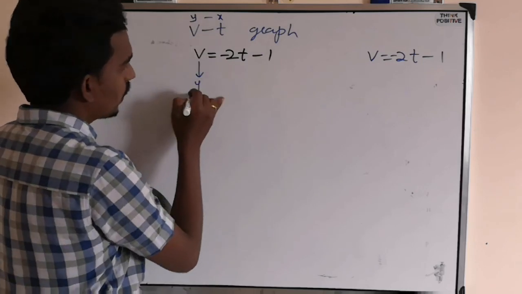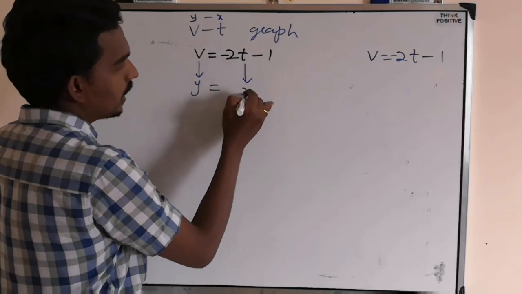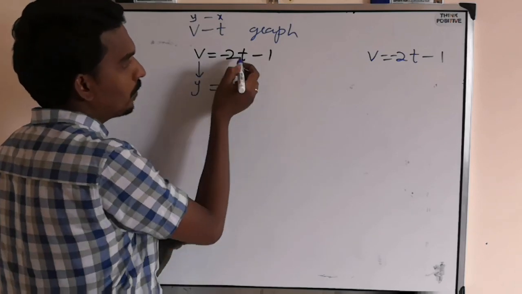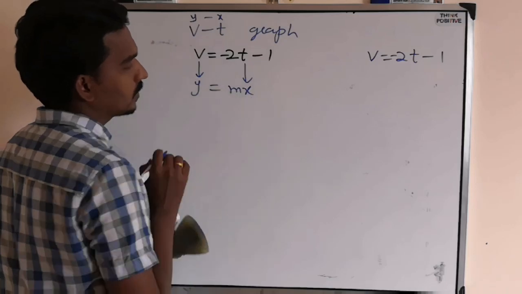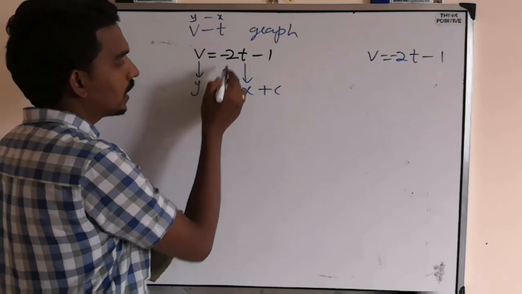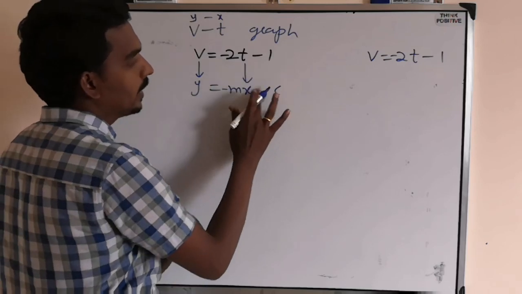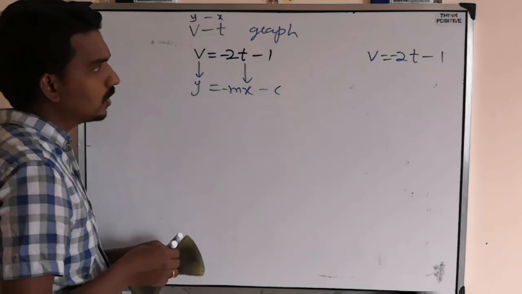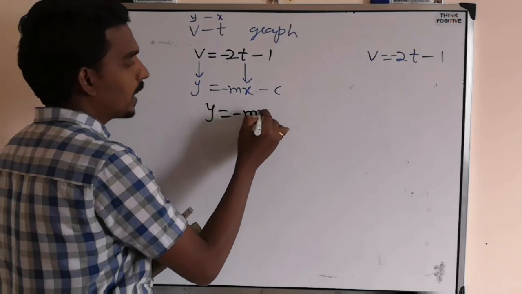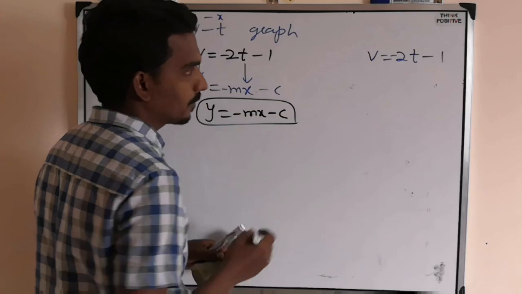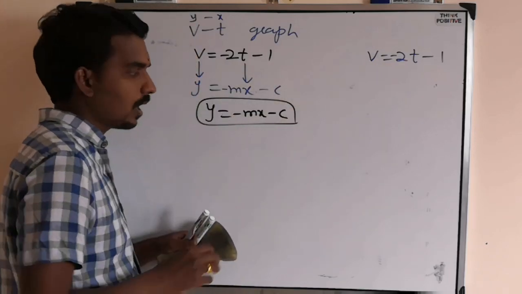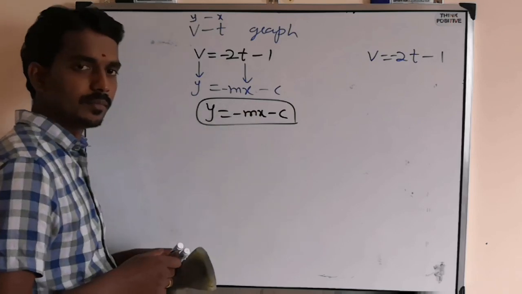So v is y, t is x. Then the x coefficient is slope m, and plus c, right? But here there is negative slope and negative intercept. So the general form is y equal to minus mx minus c. If you compare the given equation with the general form, you are getting it in this form.